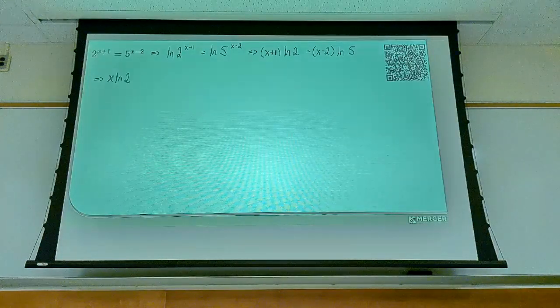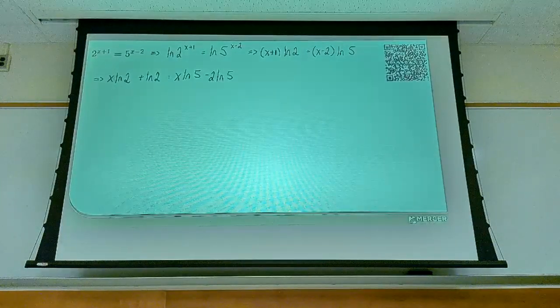Distribute everything through. Move all of your x terms to one side, all other terms to the other.